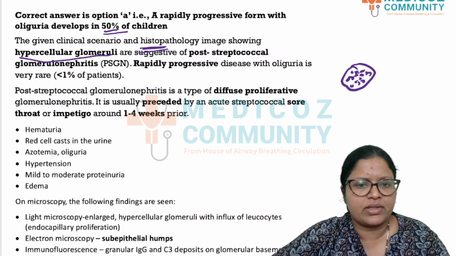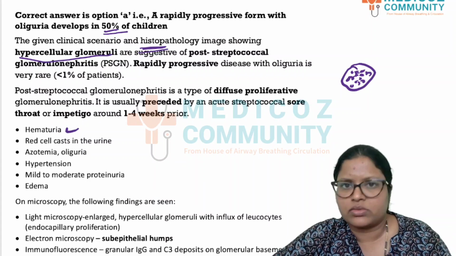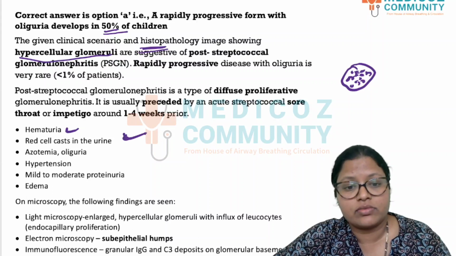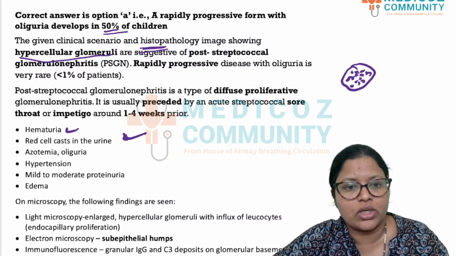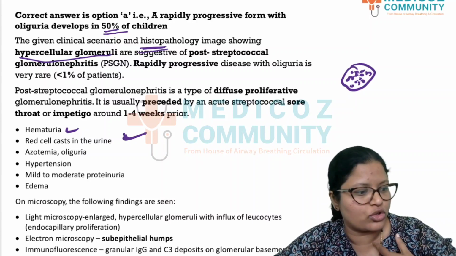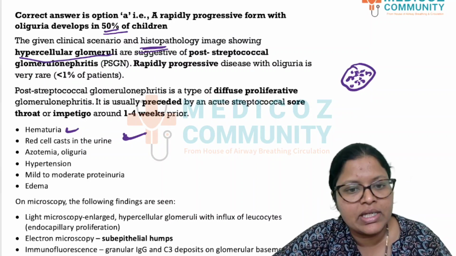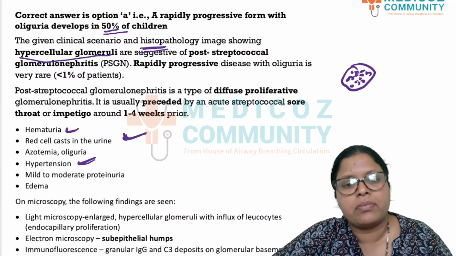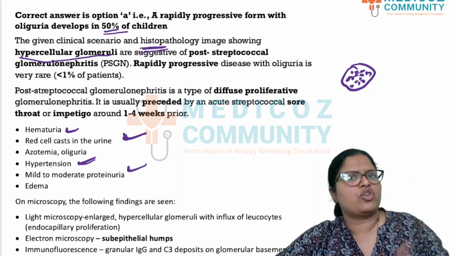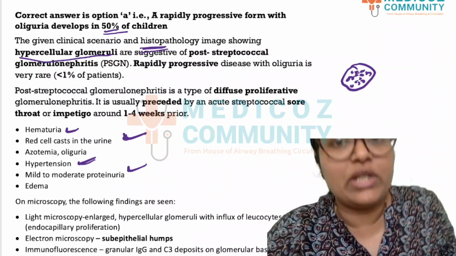Then there is hematuria. Already know cola colored urine, that is the catchword, hematuria with cola colored urine, and a preceding sore throat or a preceding infection, very important. Then there is hypertension, mild to moderate proteinuria. If you're in second year, you need to mug these things up.